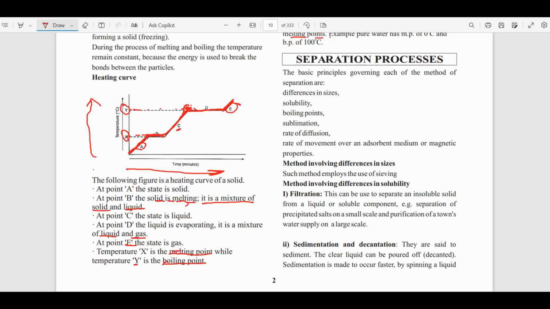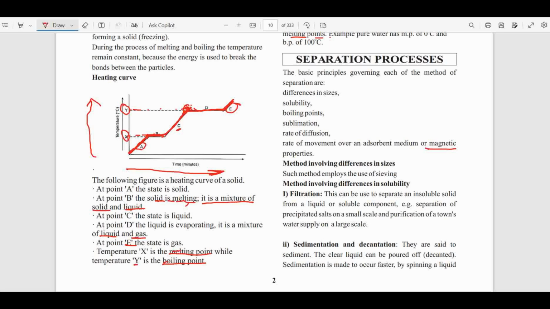For example, magnetic property, all of these can be used as a basis for separation of mixtures. So let us look at different methods.